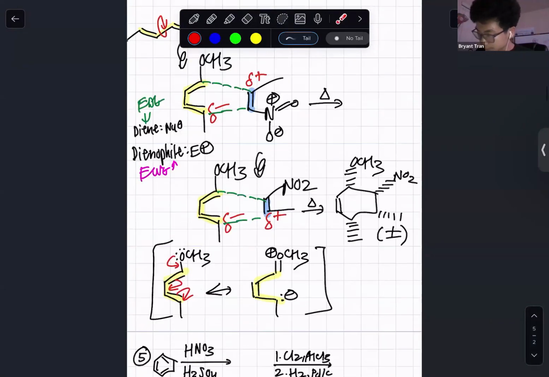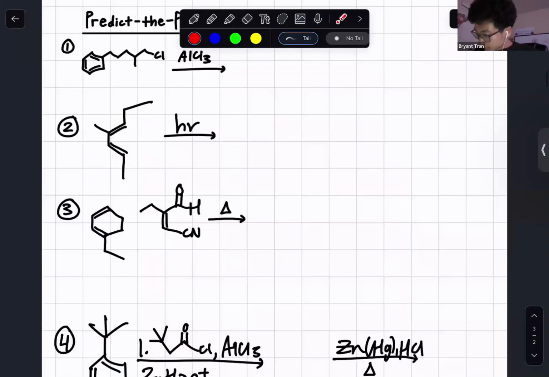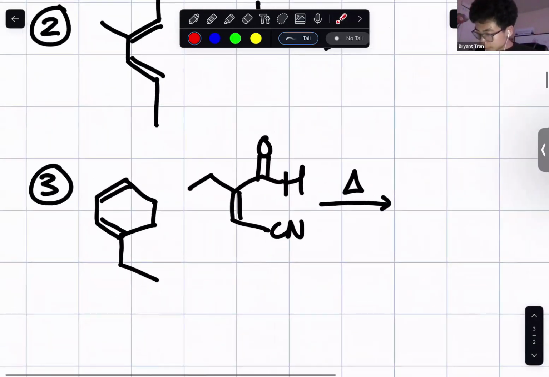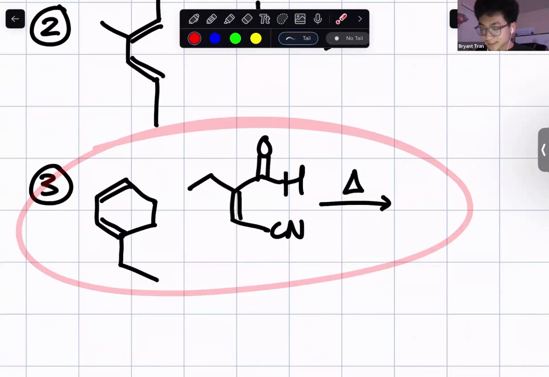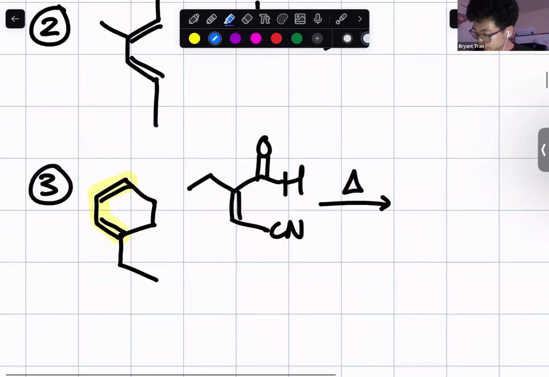Okay, so let's discuss question number 3. So number 3 here is Diels-Alder, right? Where this is my diene backbone, this is my dienophile backbone.